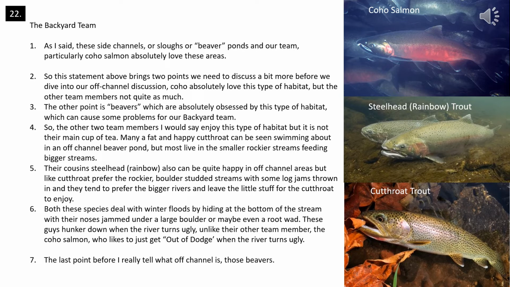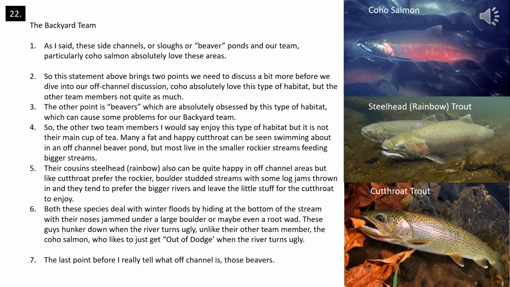So I would say for the other two team members, cutthroat and steelhead, this is not their main type of key habitat. That lies typically in the flowing waters of the stream. But many a fat and happy cutthroat can be seen swimming about in an off-channel beaver pond.